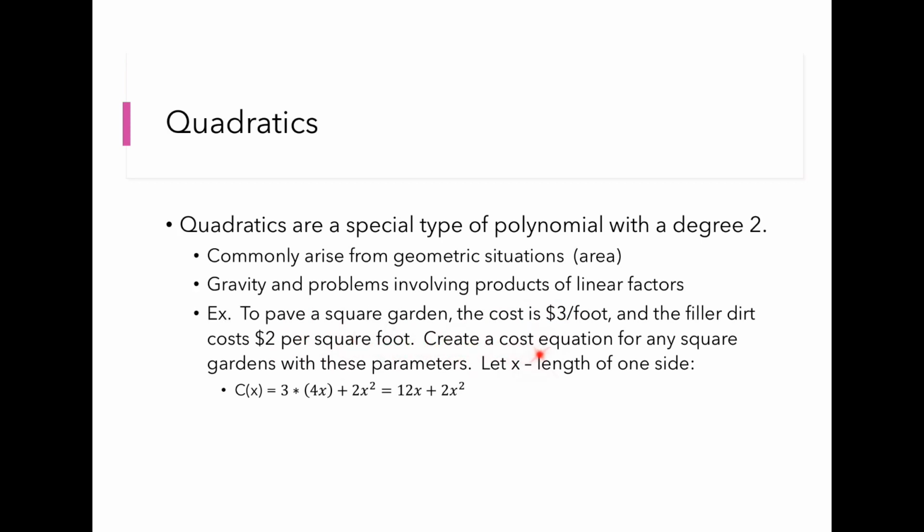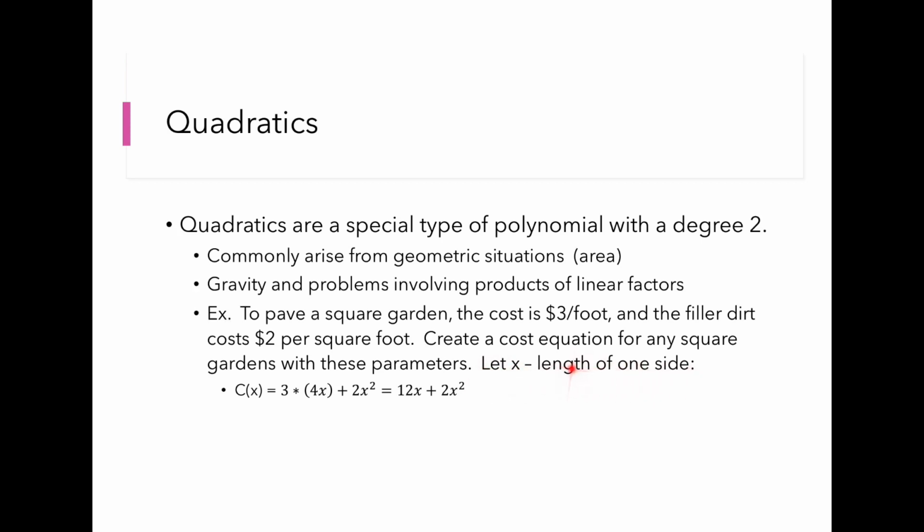We want to create a cost equation that would apply to any square garden with these parameters. This equation would represent the cost that you could expect.